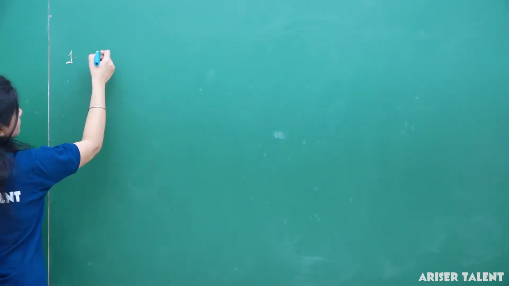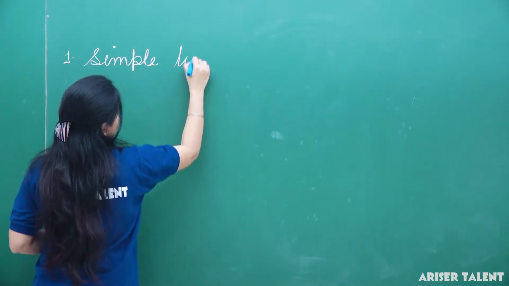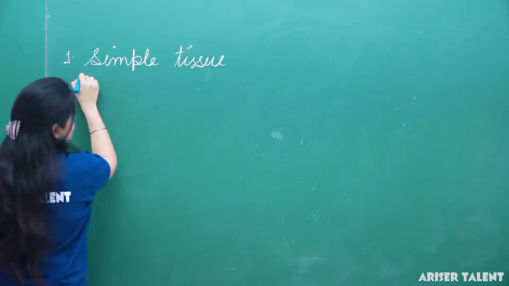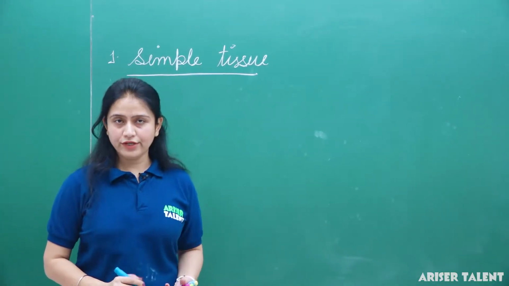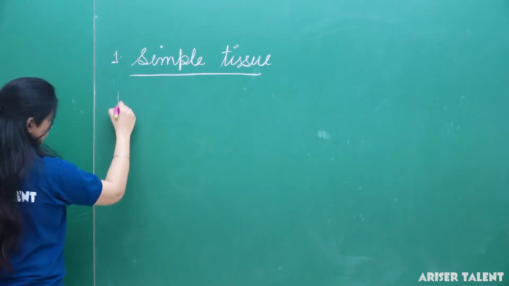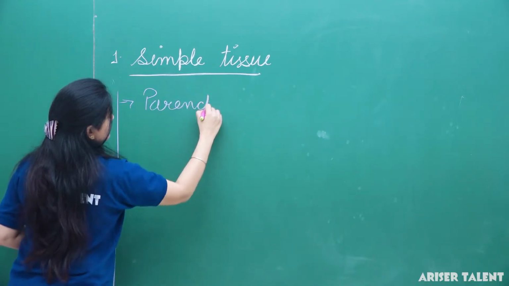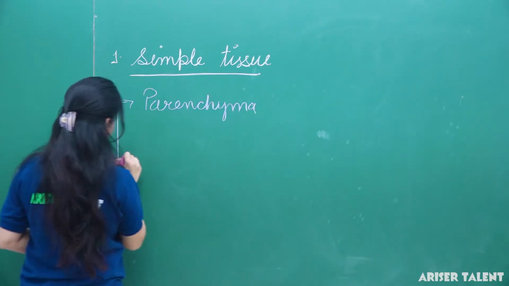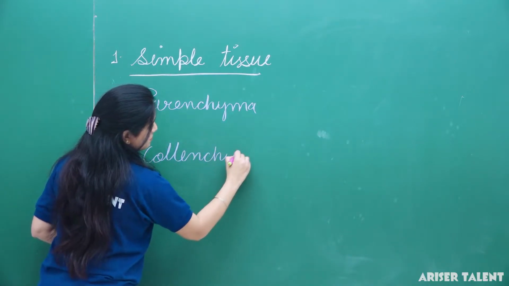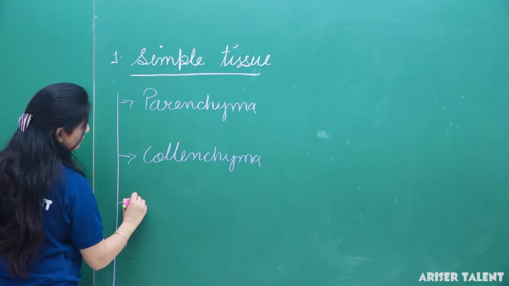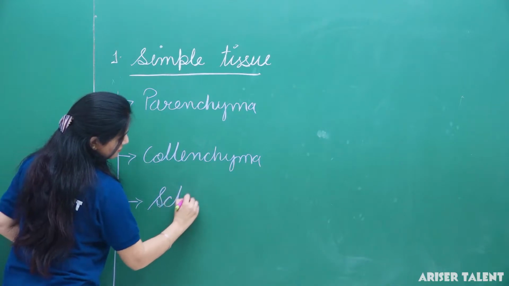Number one is simple tissue. Simple tissues, as I told you, are made up of one kind of cell. They are of three types: parenchyma, collenchyma and sclerenchyma.